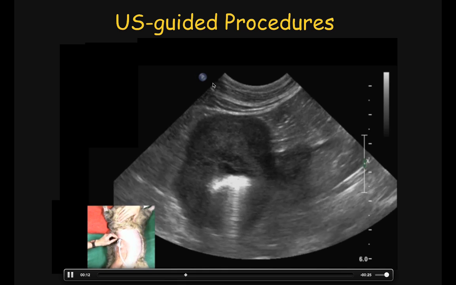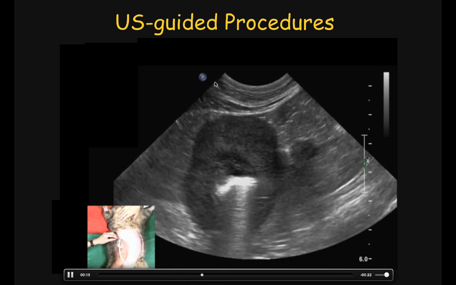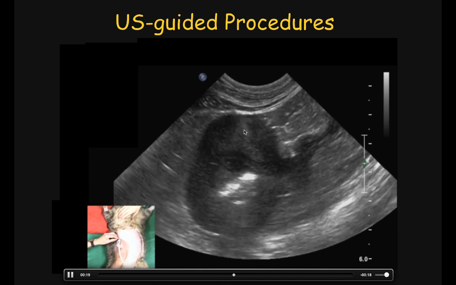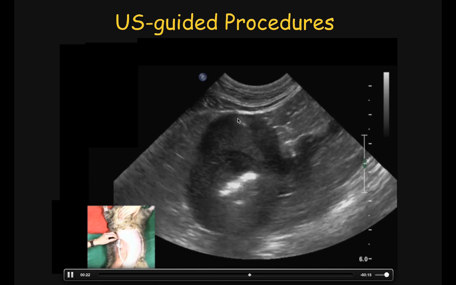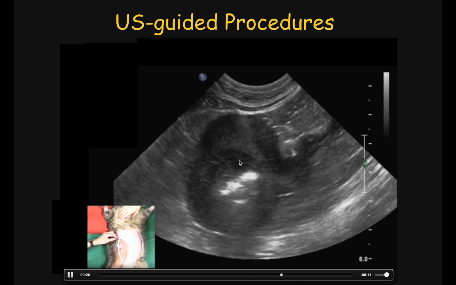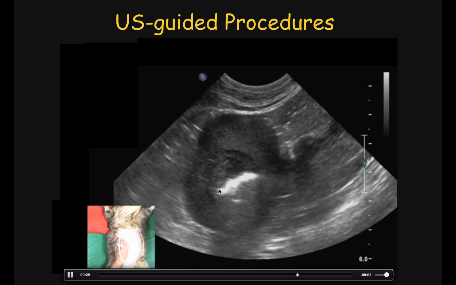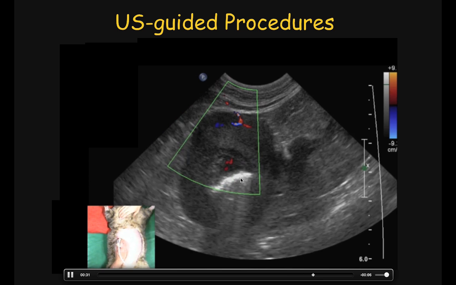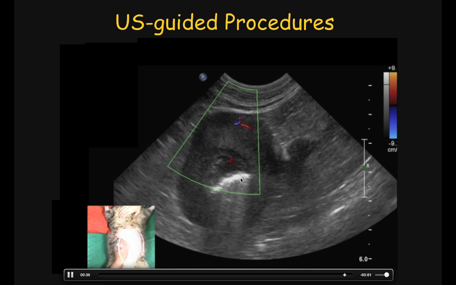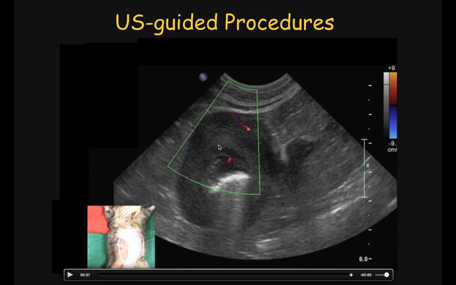We see now the motion of the needle, and during real-time evaluation, we actually can see the motion in and out of the needle within the thickened wall of this bowel segment. This is happening far away from the lumen, which means that this procedure is safe. Afterwards, we still control using color flow Doppler to assess the potential bleeding, and we see only a faint trace, and this is within normal limits for the procedure.